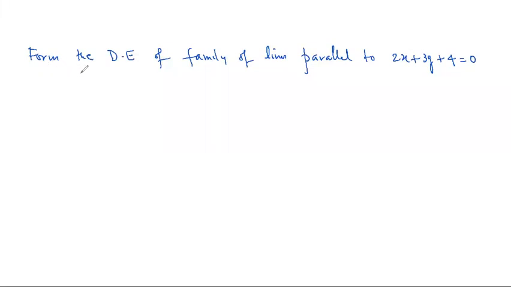Tell me, what should be the equation of a line parallel to this? Only the constant term will change. So the equation of the line is 2x plus 3y plus c equal to 0.